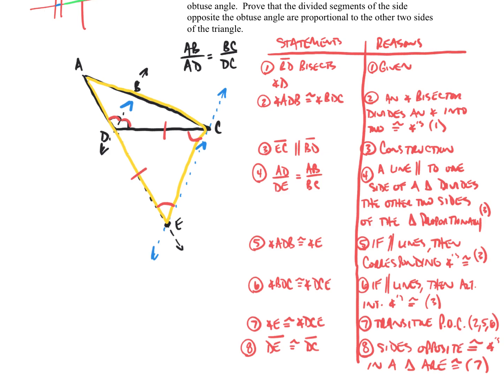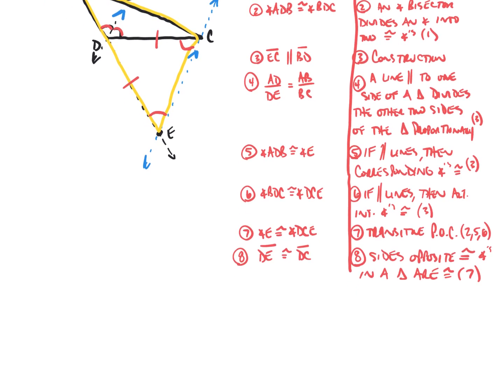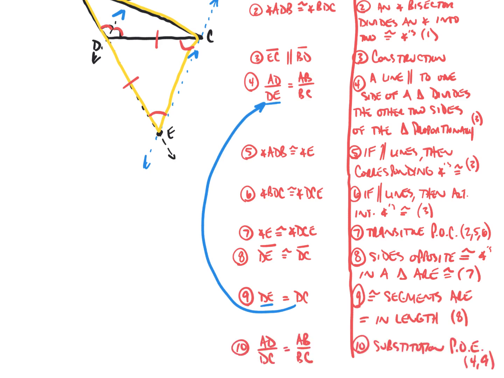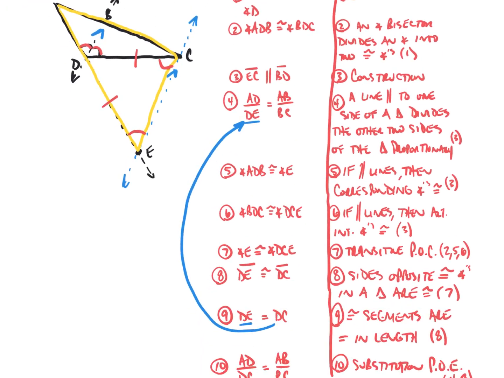And the reason that's nice is now I can say that length DE is equal to length DC because congruent segments are equal in length. So what I'll be able to do now is replace DE in my original proportion with DC. So I'm going to do some substitution here. And now I have the proportionality that I wanted.